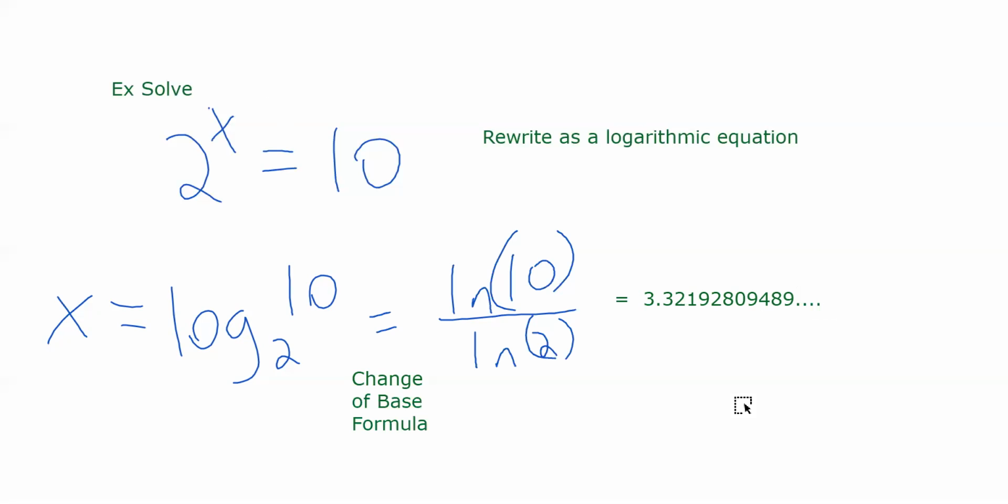We can probably prove that that's going to be irrational. And that's the answer. So it may ask you to round. It might say round to 3 decimal places. Okay, so it'd be 3.322. Let's try another one out.